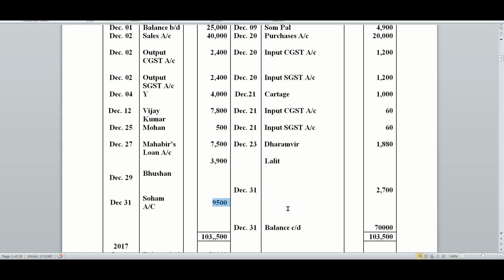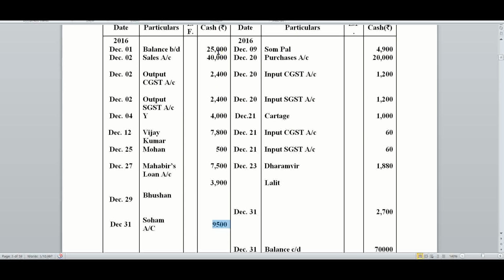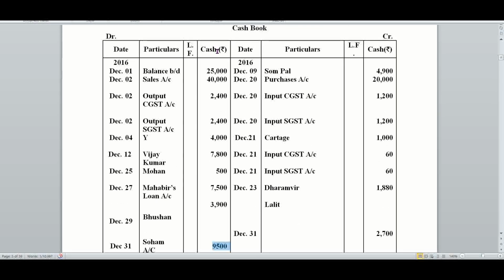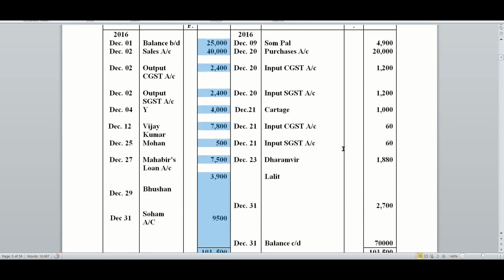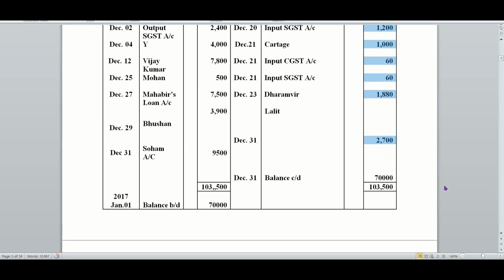Now we will make a total of the debit side. The total of the debit side of the cash column as we have taken is 1,03,500. From 1,03,500 we will deduct all these items on the credit side, and the balancing figure, friends, is 70,000.